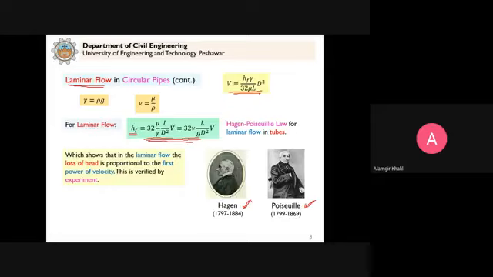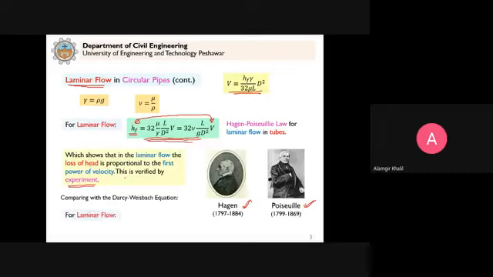And also the striking feature of this equation is that you can see the head loss is proportional to the first power of velocity. This is what is experimentally verified, that in case of laminar flow, the head loss is proportional to the first power of the velocity of flow of fluid in pipes.